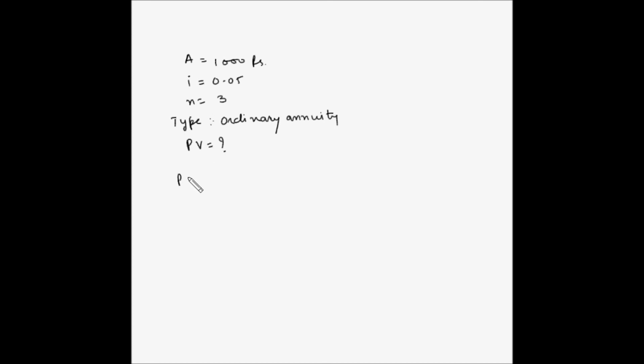So the formula for present value for an ordinary annuity is A into 1 divided by I minus 1 divided by I into (1 plus I) to the power n. So let's plug in the values. 1000 into 1 divided by 0.05 minus 1 divided by 0.05 into (1 plus 0.05) to the power n, which is 3.